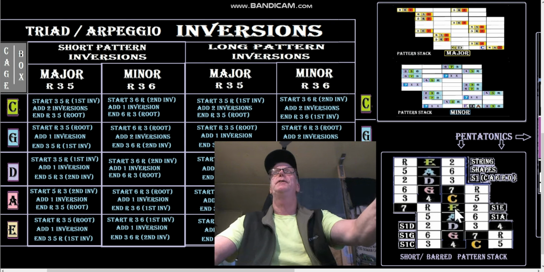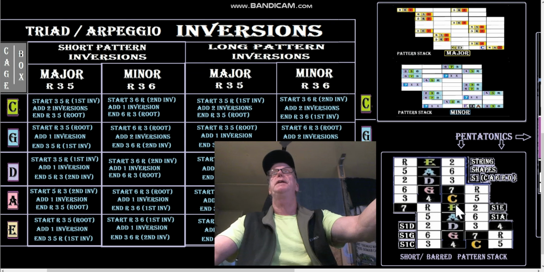And C goes to E when we're going in fourths. The fourth of E is A, the fourth of A is D, the fourth of D is G, the fourth of G is C, but the fourth of C is E in string shapes for that major third.